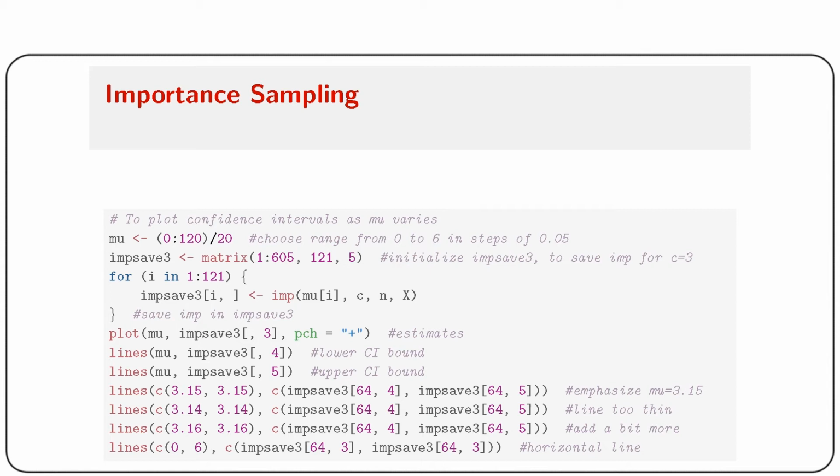Basically, the first one is the plot of mu for the third column. The third column is the estimate, the fourth column is the lower confidence interval, and the fifth column is the upper confidence interval. So plot, and then the lower and upper confidence intervals are plotted by the lines function.